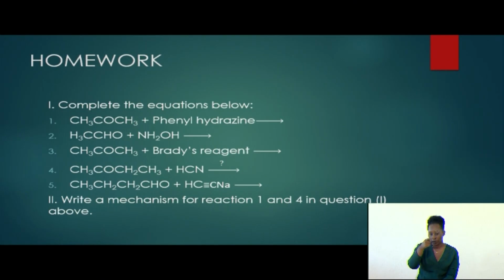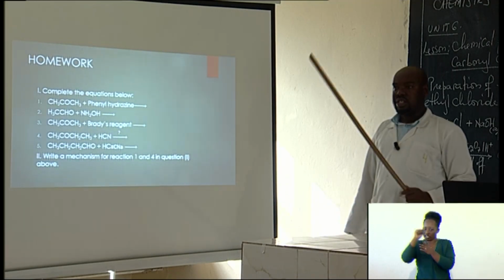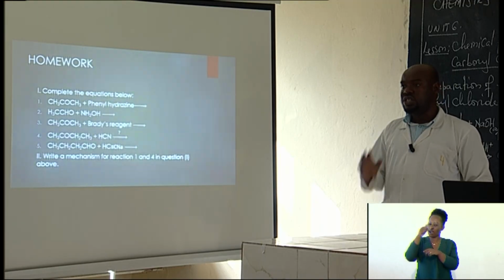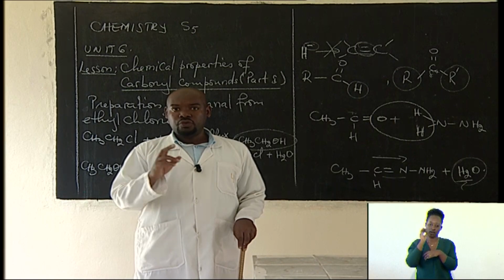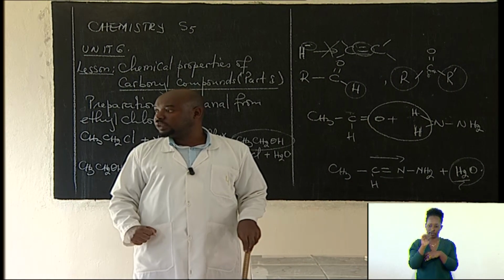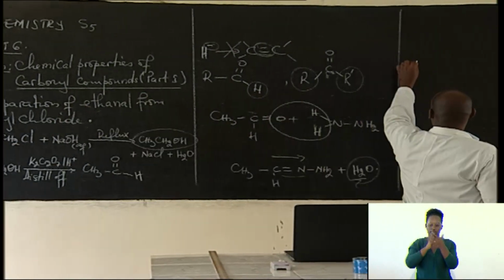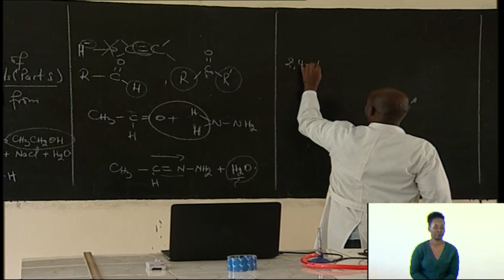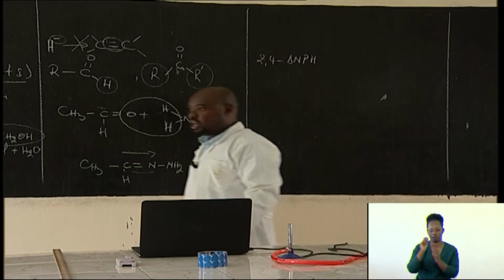You know, this is a condensation reaction, this is a condensation reaction, and the Brady's reagent, it is that other compound I told you is very important, and we will use it in the test of carbonyl compounds, 2,4-dinitrophenylhydrazine. Sometimes it is represented like this, DNPH.